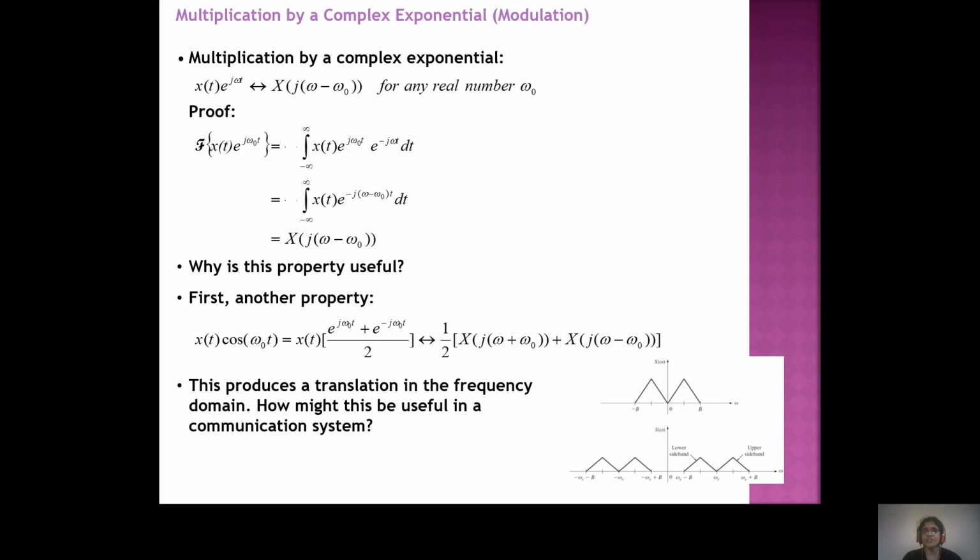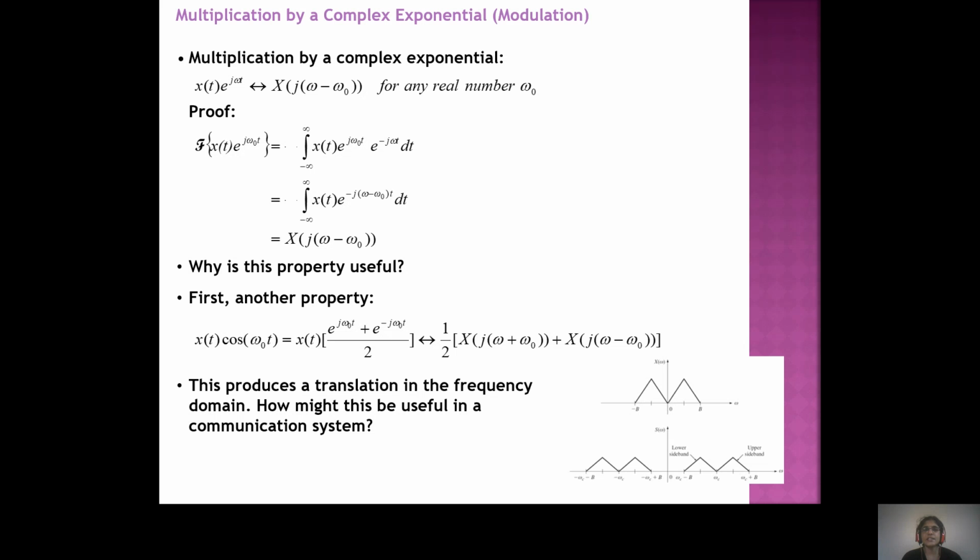So when you take it in common, that is minus j into omega minus omega naught t, that is equal to, where integral of x of t e power minus j omega t dt is nothing but X into j into omega minus omega naught.